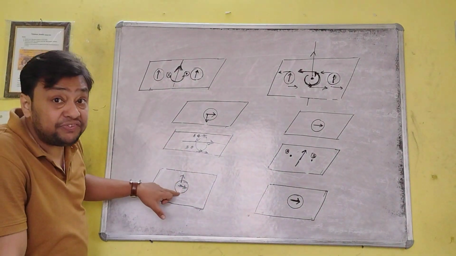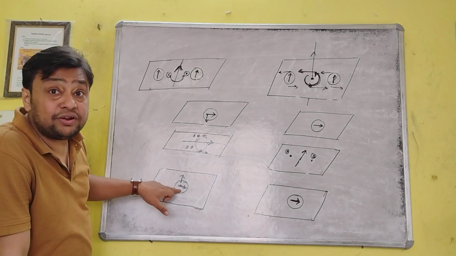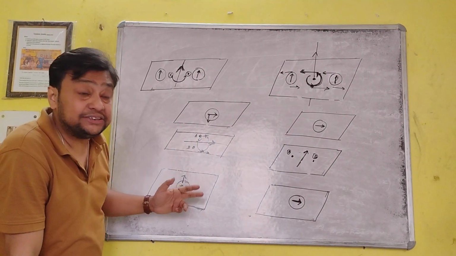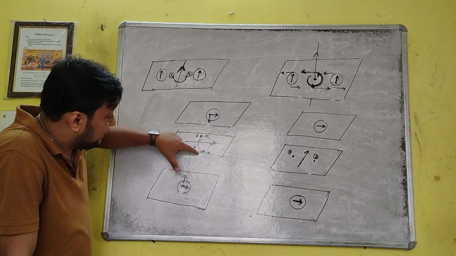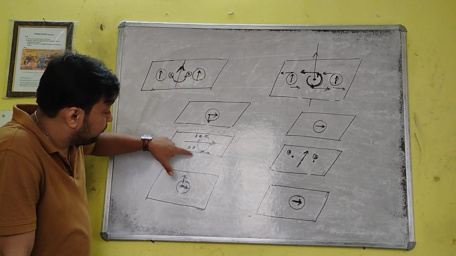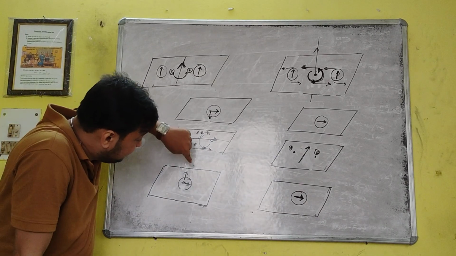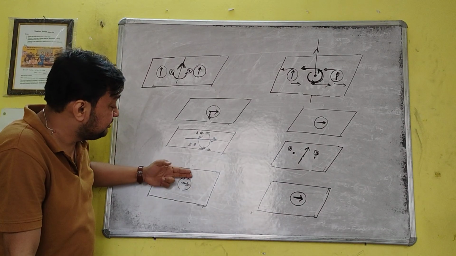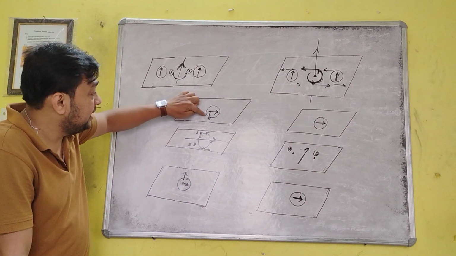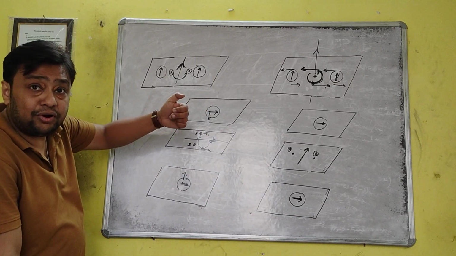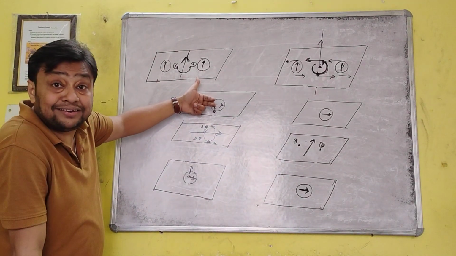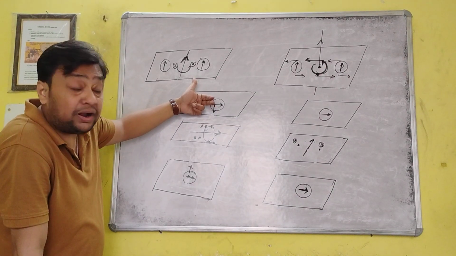So here there will be deflection, and the direction of the deflection will be in the direction of the tangent. As for this magnetic field, for which at this point the tangent is going inside the board, the deflection will be what? In the inside the board direction. And here the tangent is coming outside the board. So the deflection of the magnetic compass needle will be what?